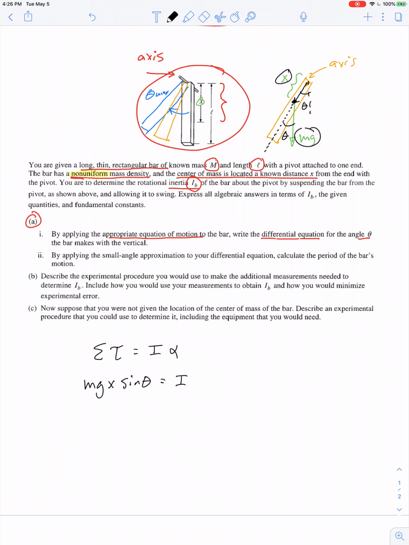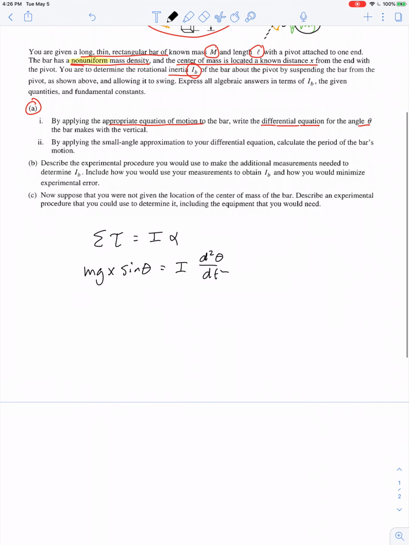And that's equal to I times the second derivative of theta with respect to time. Now we're told to apply a small angle approximation in our solution. We don't actually have to solve the differential equation yet, we just need to state it.